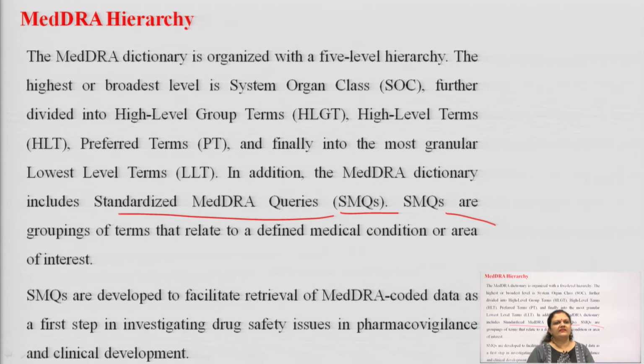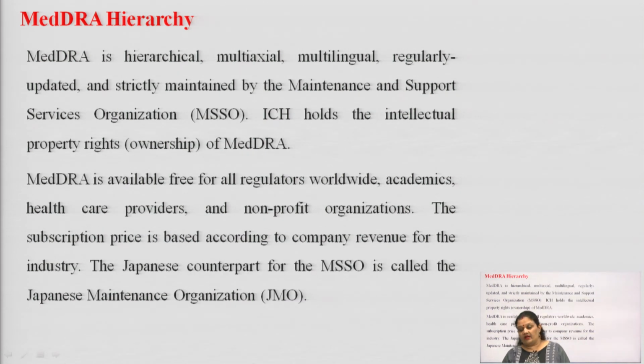SMQs are developed to facilitate the retrieval or collection of MedDRA coded data, as a first step in investigating drug safety issues in pharmacovigilance and also in clinical development of the drug.